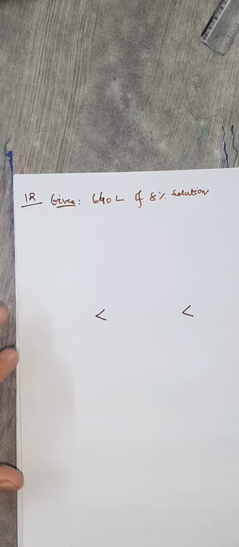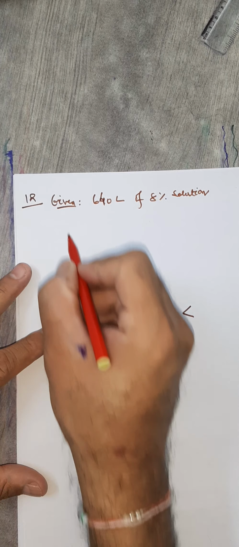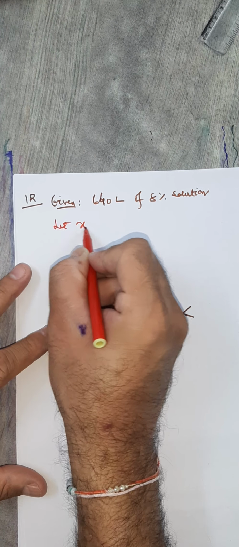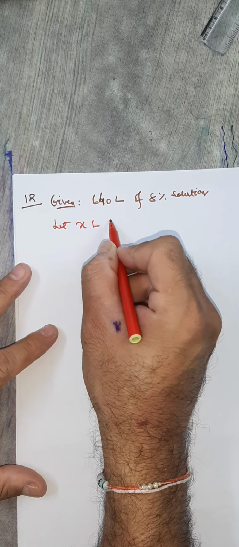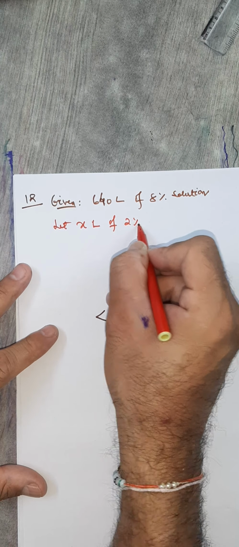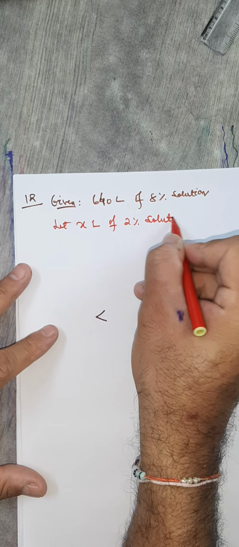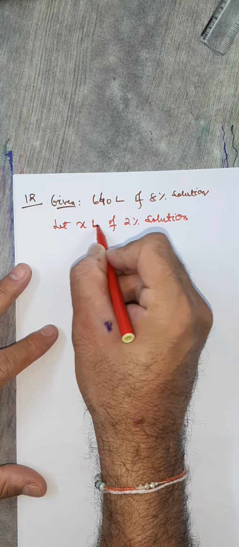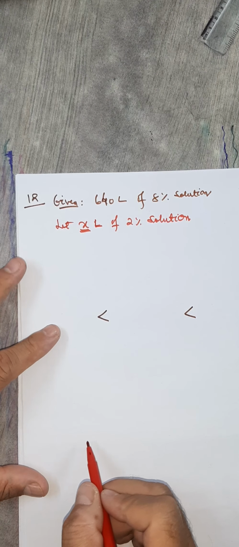What is the question here? How many liters of 2% solution should be added? So we'll take that as x. Let x be x liters of 2% solution. So we get the range on x.